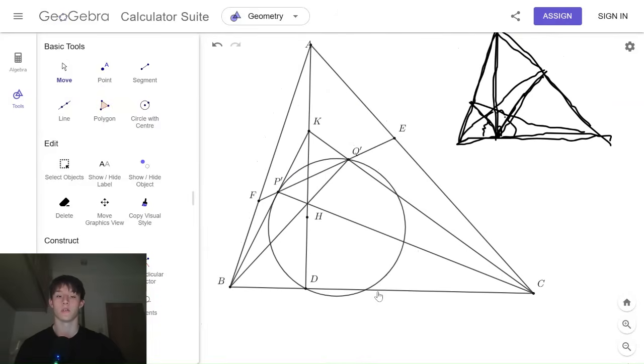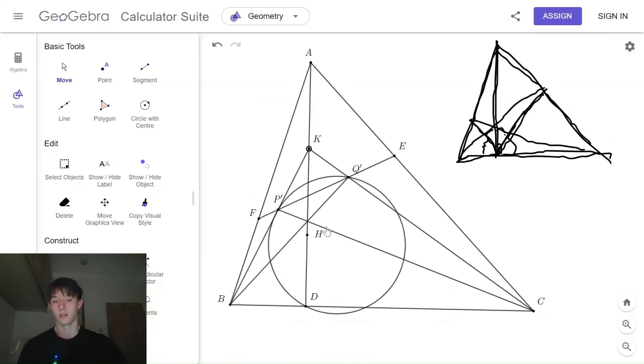So we just want to verify that if I have this thing here, any random point K and two lines like this, then these two lines intersect on this line over here. And that seems pretty simple to do.